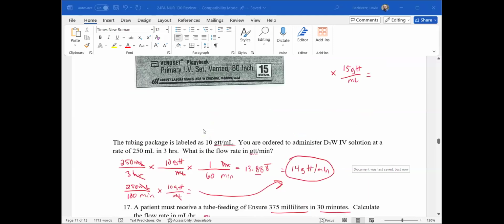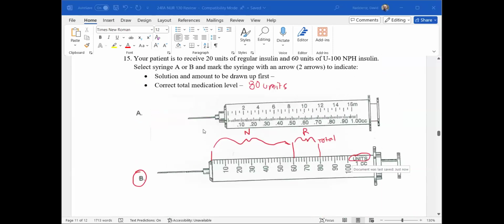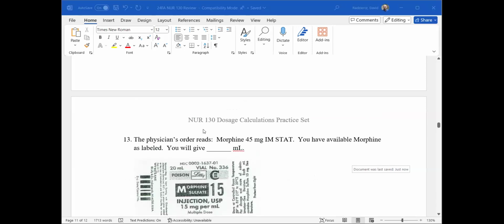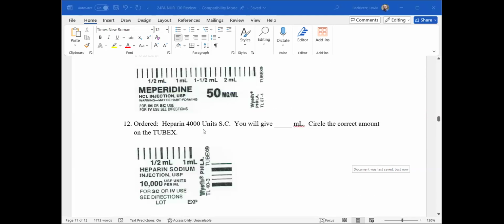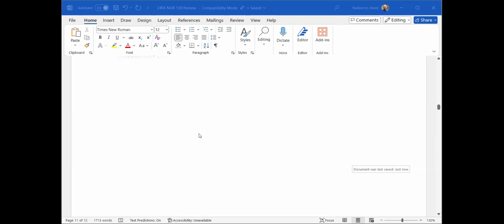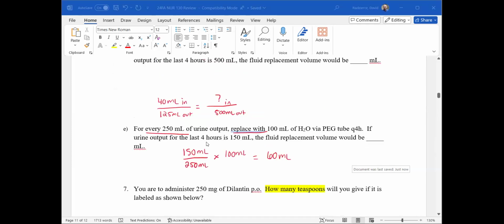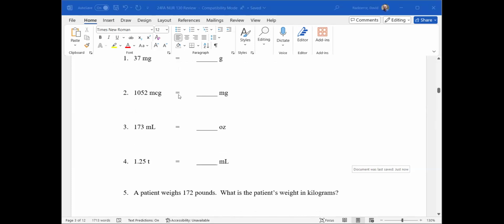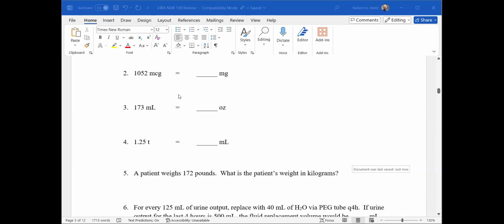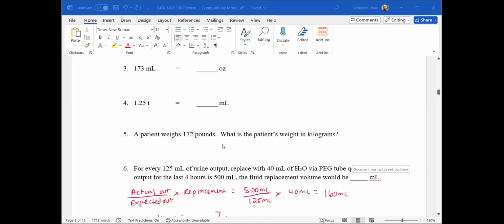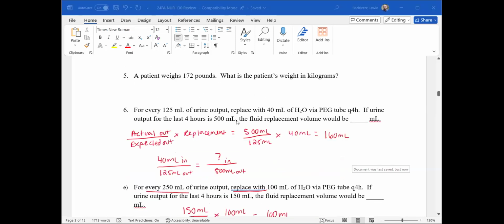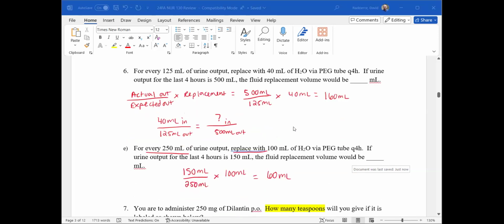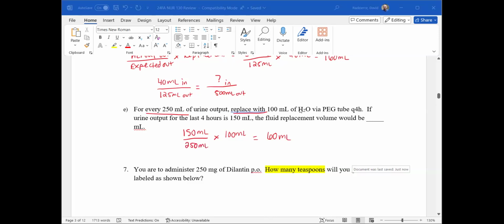There's 25, but I added extra questions, especially for the flow rate questions. So the first few questions are pretty standard, like what you had in 110, where you have conversion questions, converting milligrams to grams, milliliters, ounces, converting pounds to kilograms, your urine or fluid replacement volume question, which you saw last semester as well, and I worked through this as well.